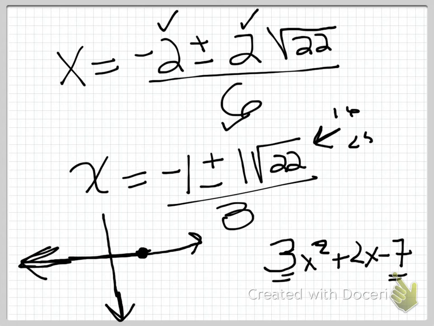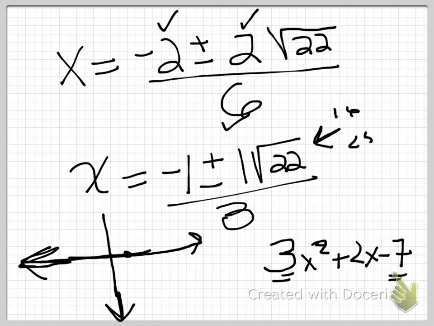So I'm going to call this negative 1 plus the square root of 22. Oh, I forgot to divide that by 3, guys. I have to back up. So this is going to be negative 1 plus 4 point something something, which is going to be 3 point something something divided by 3. So this is actually going to cross at right about here.